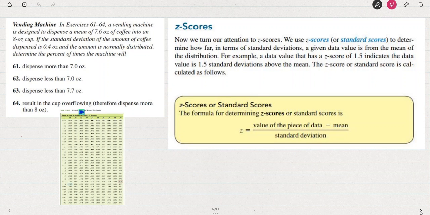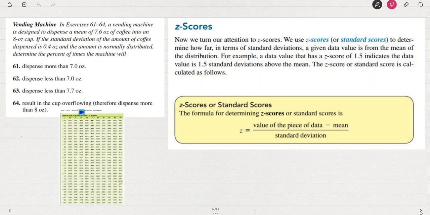So these 4 questions are asking us, how likely is it that the machine is going to dispense more than 7 ounces, less than 7 ounces, more than 7 7/10 ounces, and then the worst case, more than 8 ounces, where the cup is going to overflow and make a mess. What percent of the time does the machine do that?